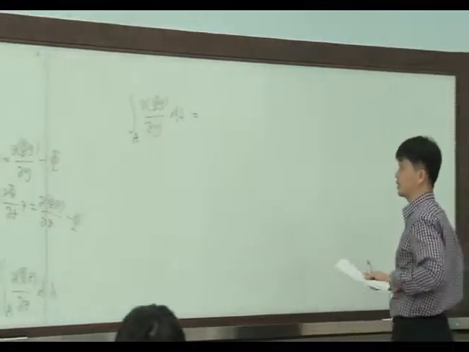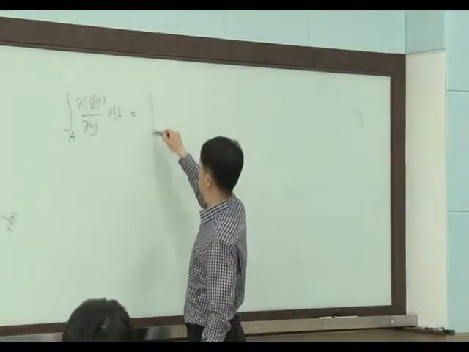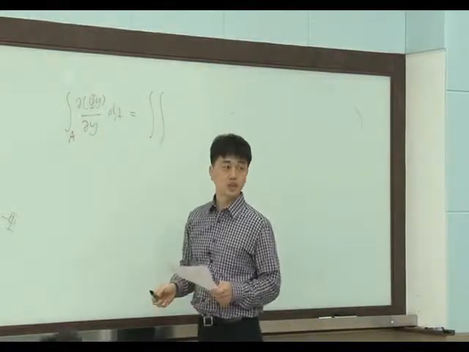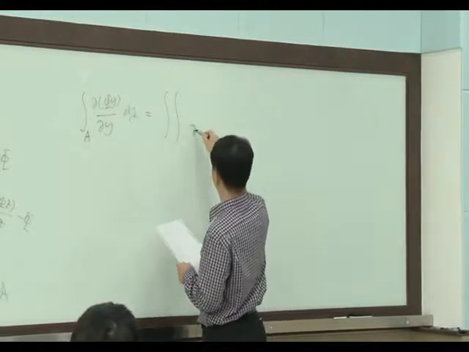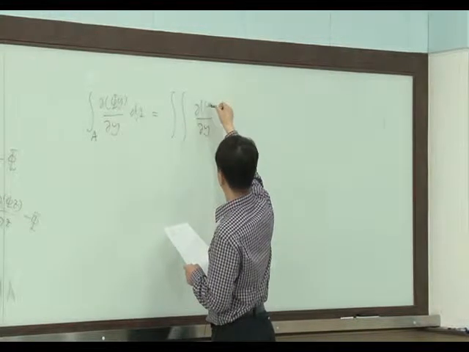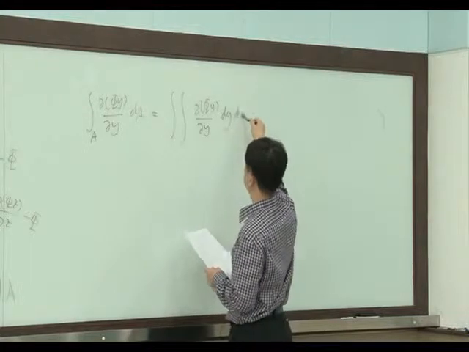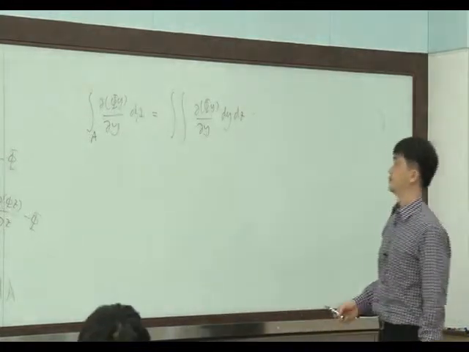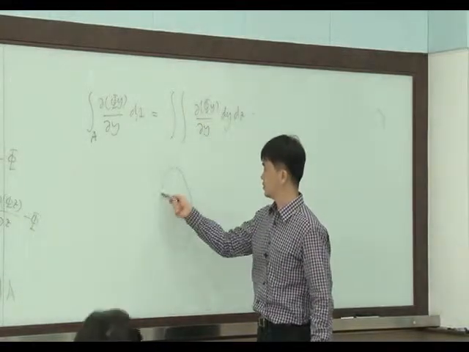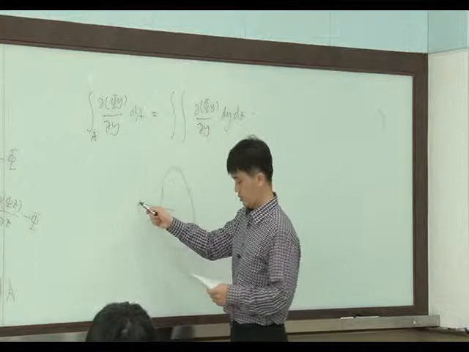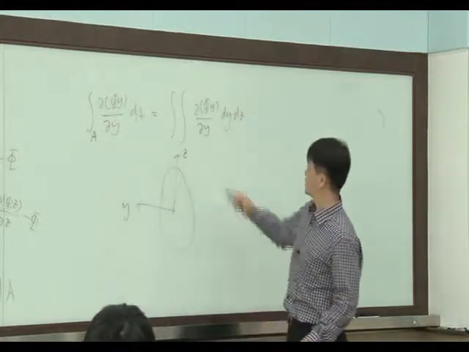How can I integrate this? This can be integrated over z and y. So phi y dy dz, right? Here we have a cross section, here let's say y, here z.